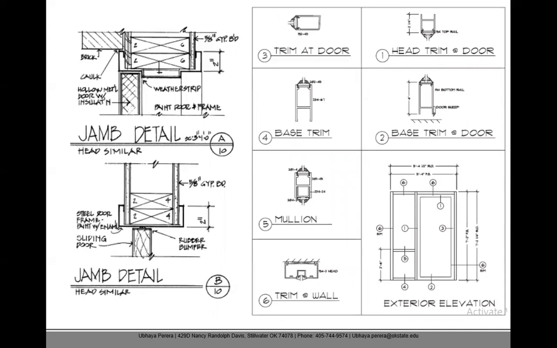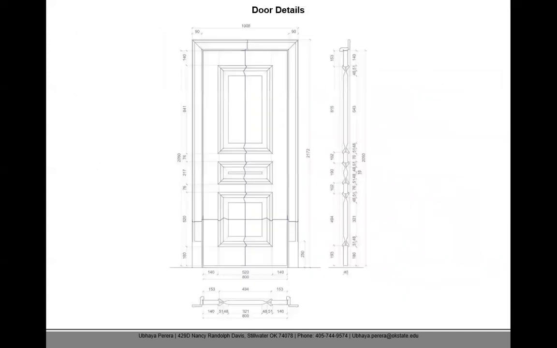Like this. Now, see here, to give all the details of how the door has to be done, they have taken a few details. This is where the door, it's a detail of this area.